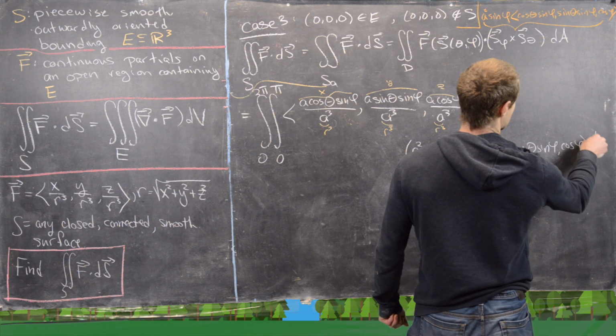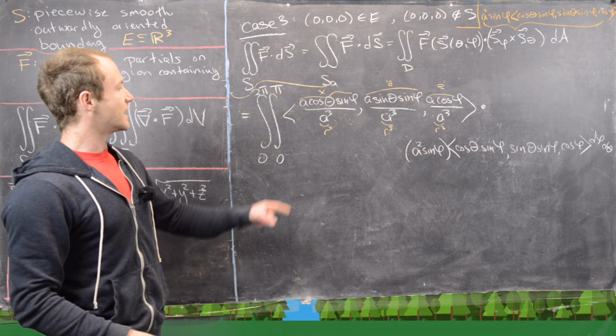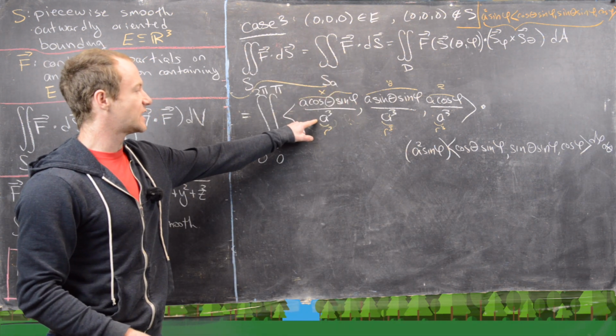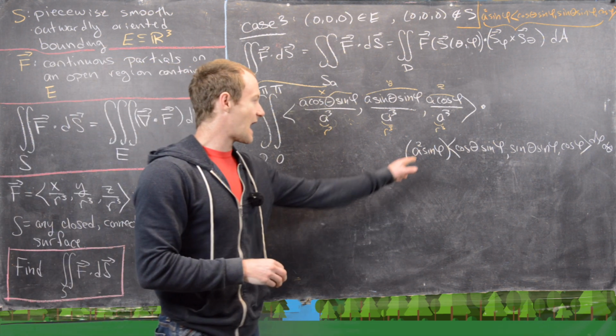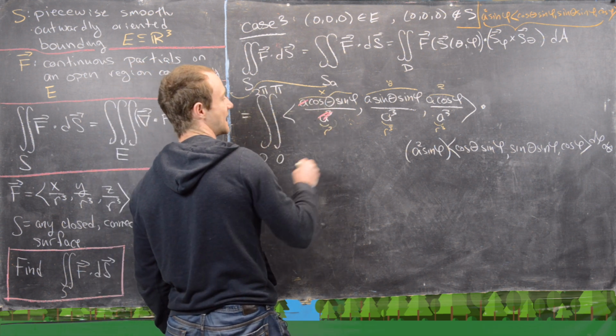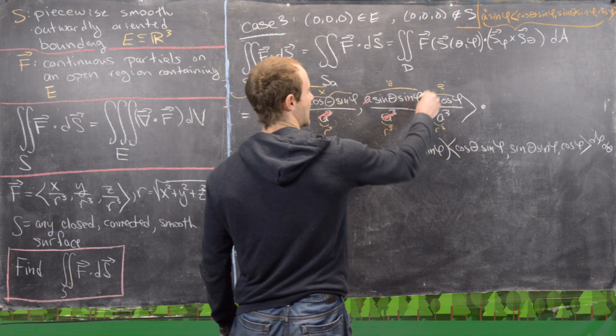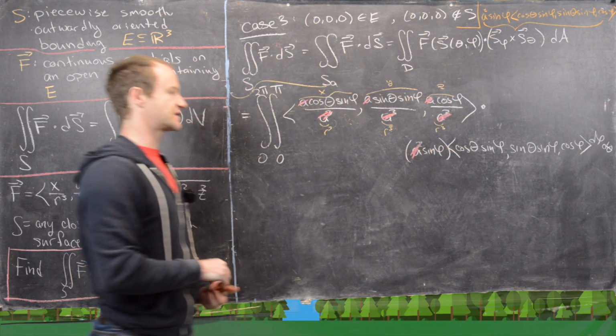And then, like I said before, we're doing d phi and then d theta. So the first thing that I want to notice is I've got an a over a cubed, which gives me a squared in the denominator, and then I have an a squared here. So that means all of these are going to cancel down, and when we do the dot product, they're going to cancel this a squared.